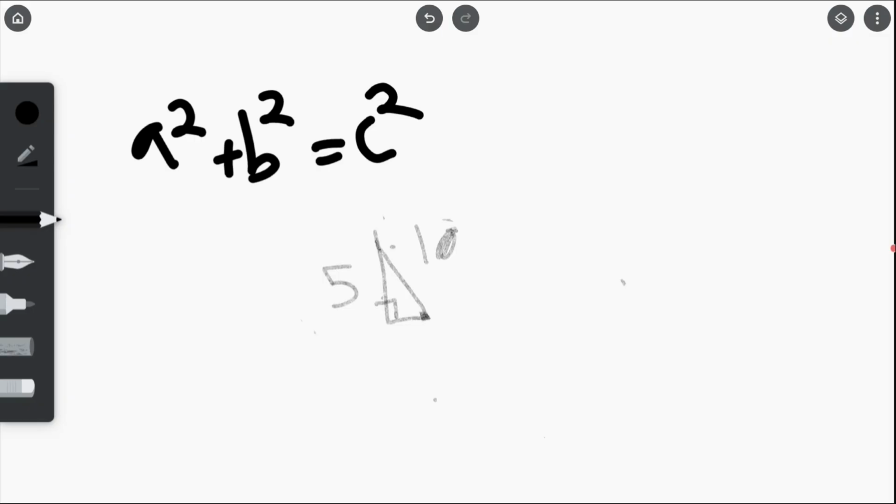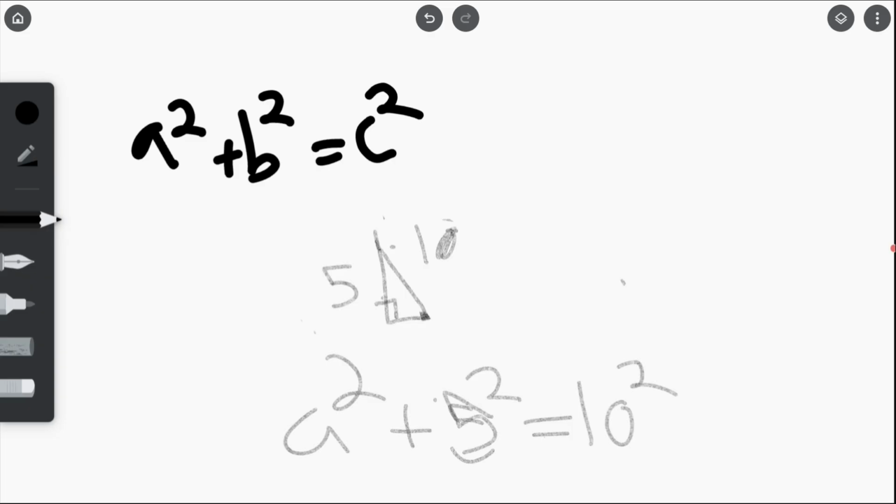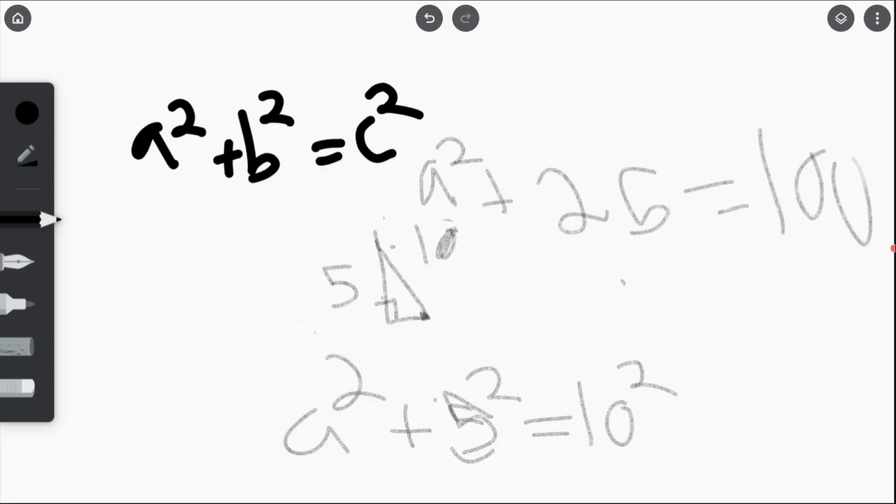So a squared plus 5 squared is 10 squared. Now we're going to simplify the expression really easily. 25 plus a squared equals 100.